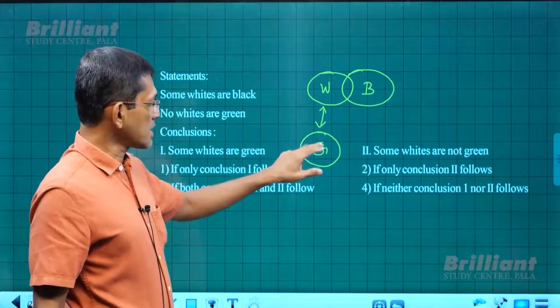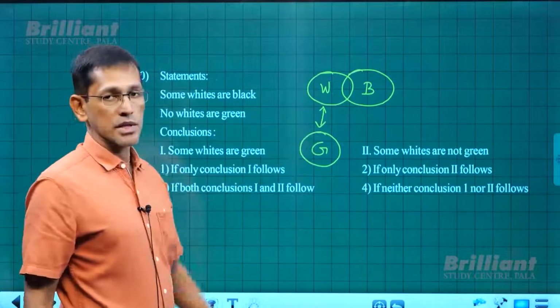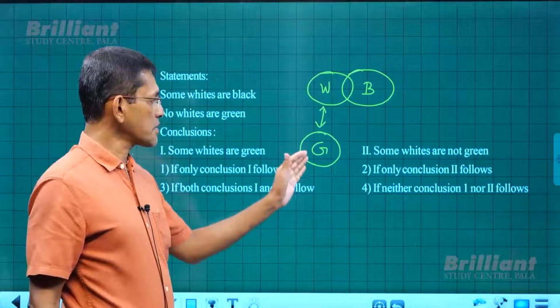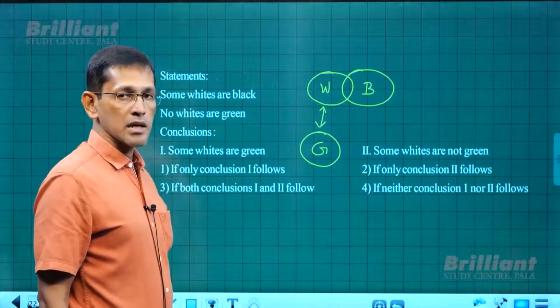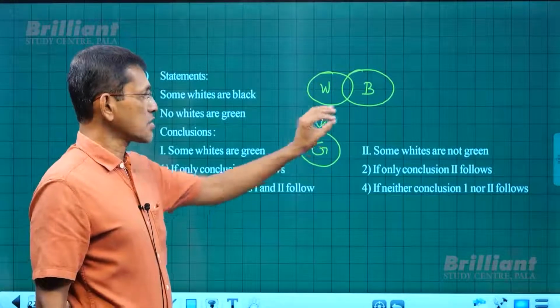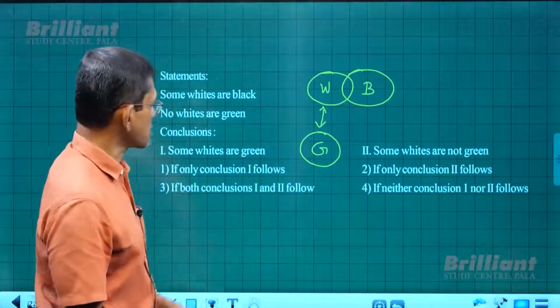At the same time, green may intersect with black. In the basic diagram, green is not intersecting with black, but green may intersect with black. So that is what it is.